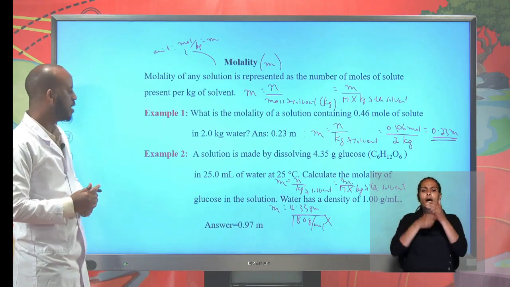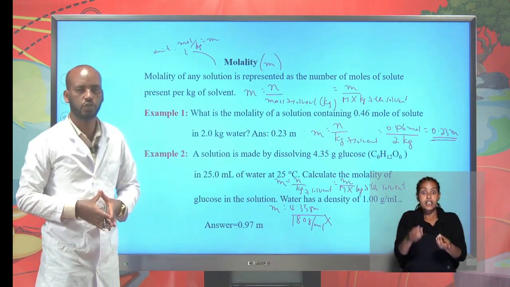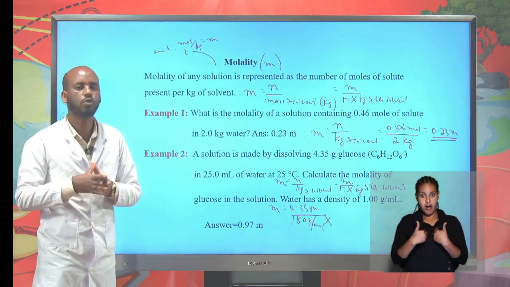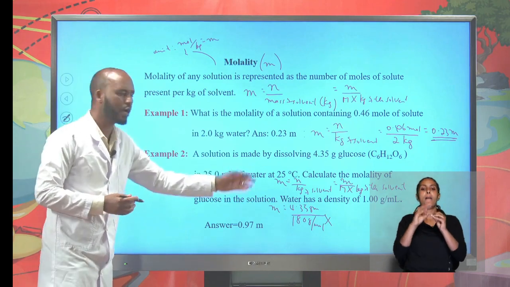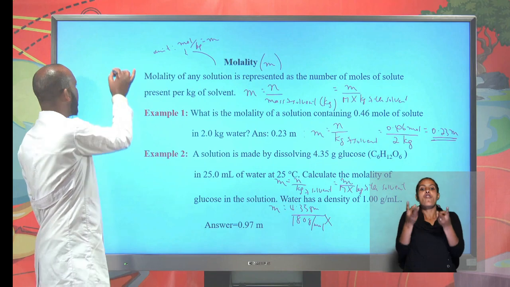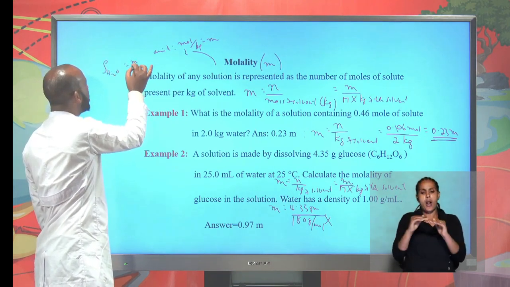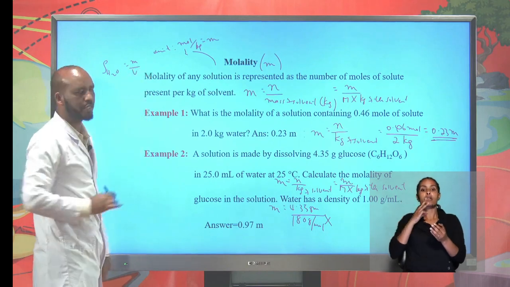Here, what is given? Volume of water and density of water are given. We can calculate mass of water from density and volume. Density of water equals mass of water divided by volume of water.